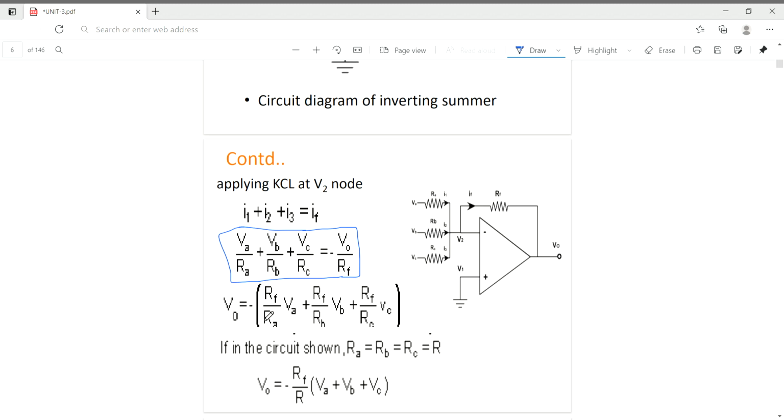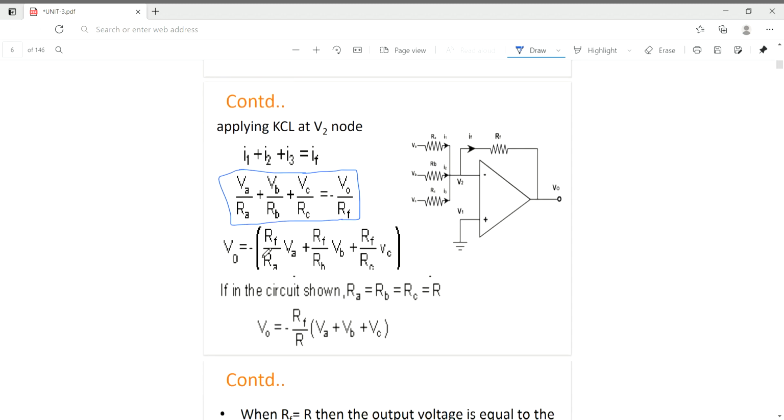And V0 is given as negative of RF by RA into VA, plus RF by RB into VB, plus RF by RC into VC.